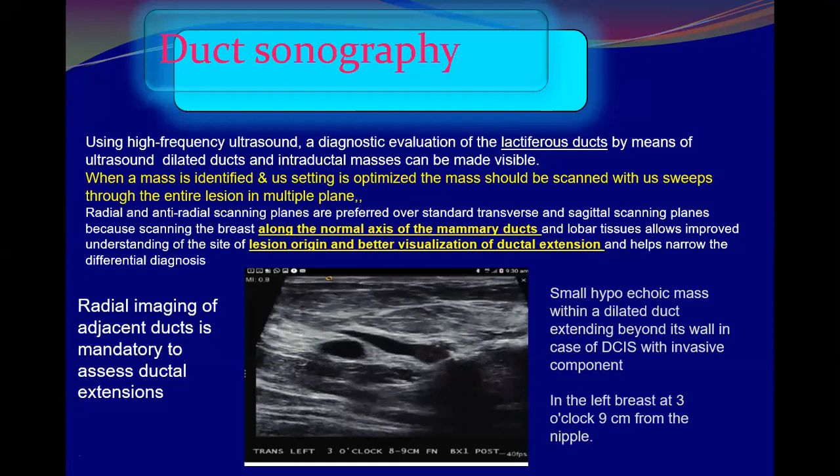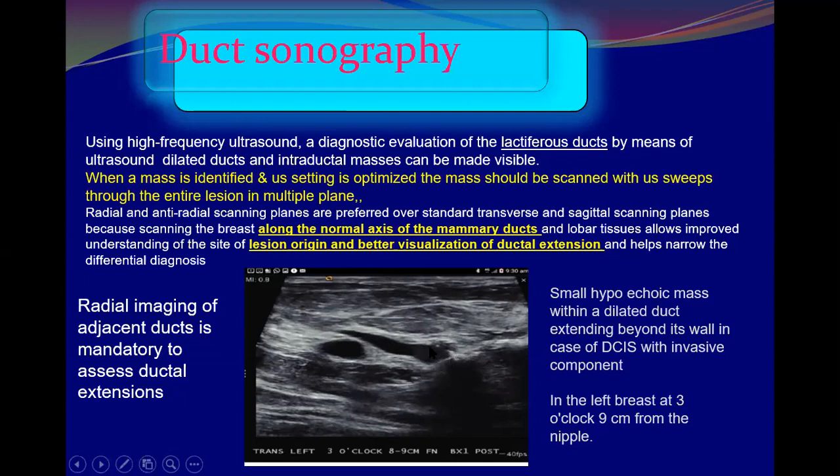And with a high frequency transducer, generally the visualization and evaluation of the ductal system is really improving, and it becomes visible. Not only to see the duct, but also to see inside the ducts, and even to see the margins. Look at these lesions.